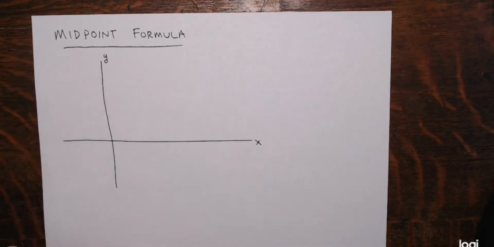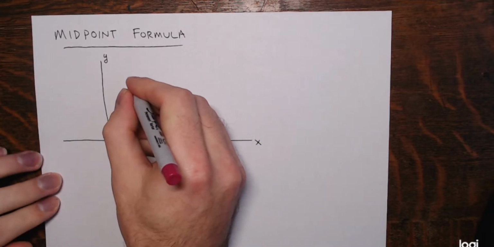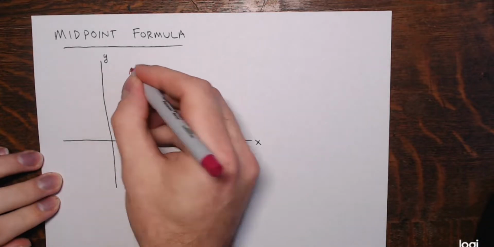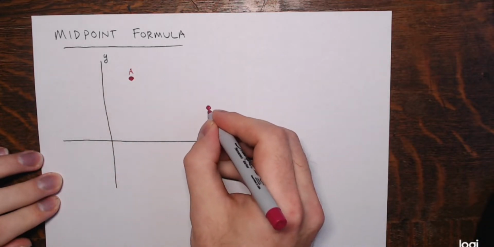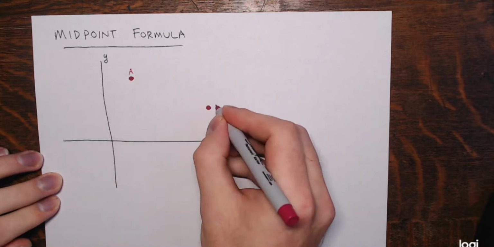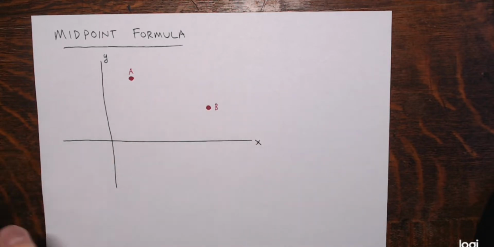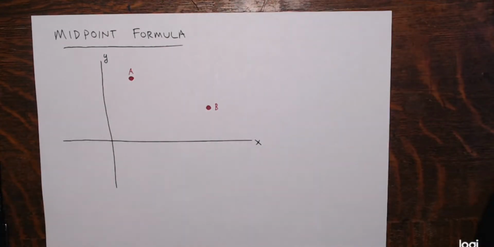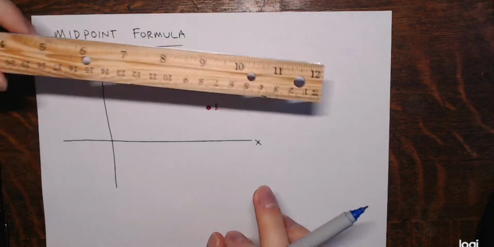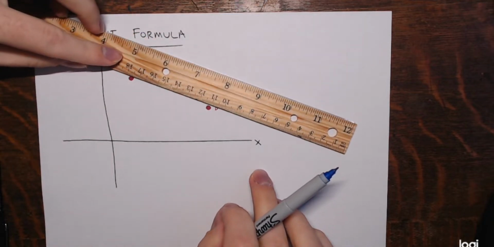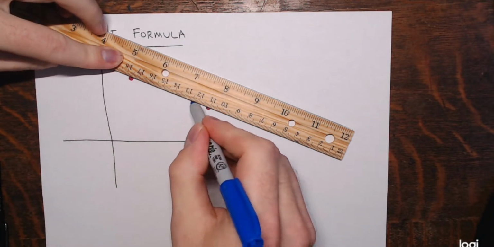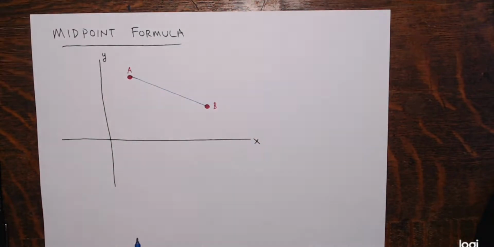Now suppose I have 2 points, say this point here, I'll just call it point A, and this point over here, doesn't matter where it is as long as it's not the same point, point B. And I'll draw a segment between them. Right, a segment connecting them like this. Right, there's a segment connecting points A and B.